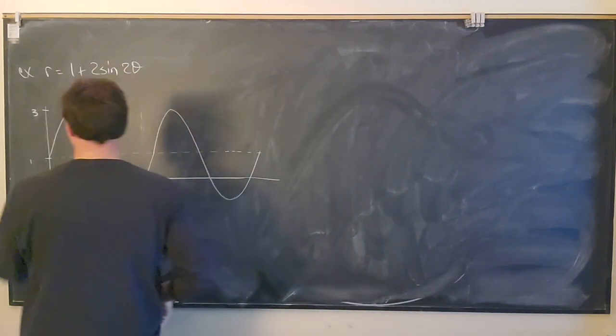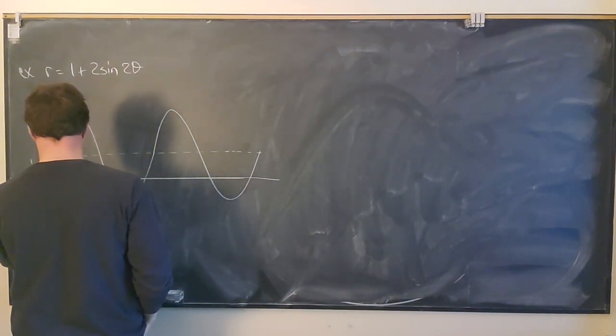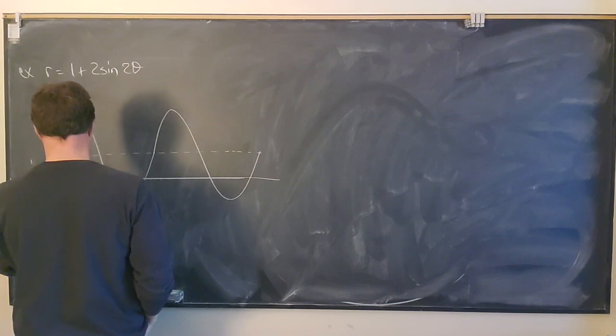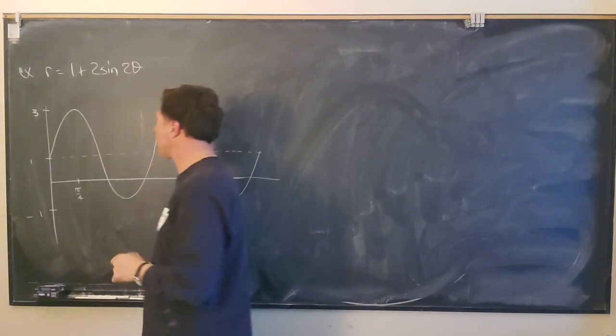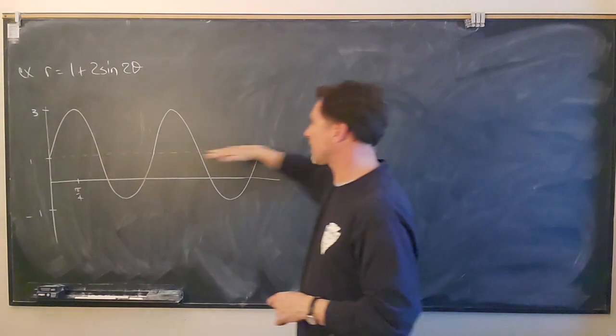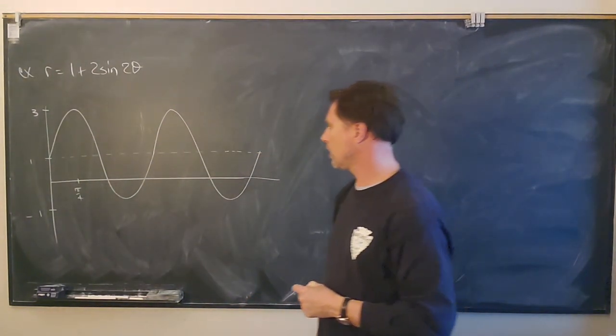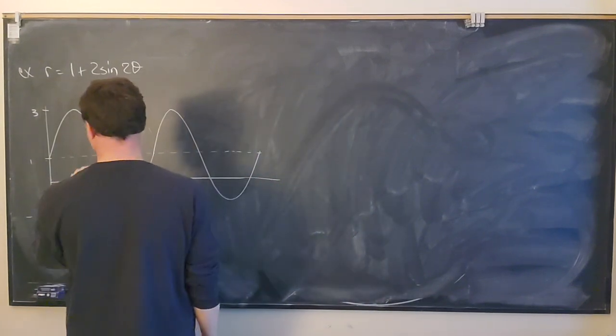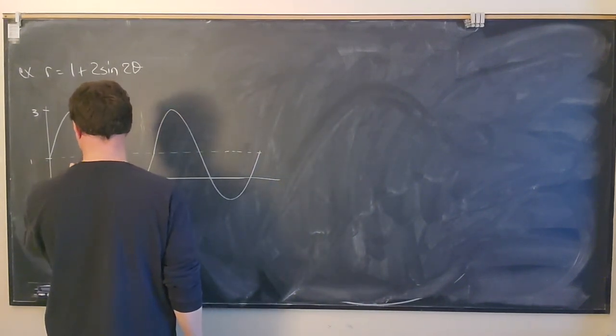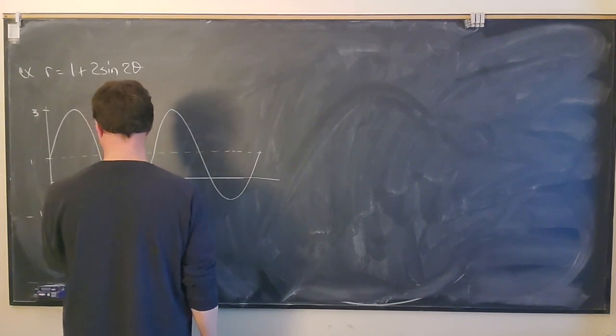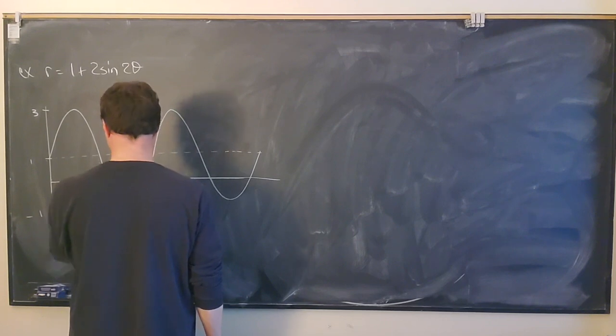So let's see, our first maximum occurs at pi over 4. So here's what I want to mark. I want to mark the places where it crosses this axis right here, the y equals 1 axis. And so let's mark these various points here. It's going to cross at pi over 2. Then it's going to have a minimum at 3 pi over 4.